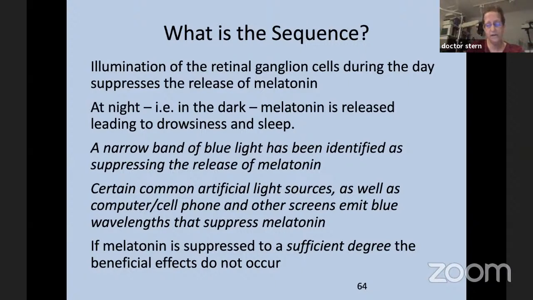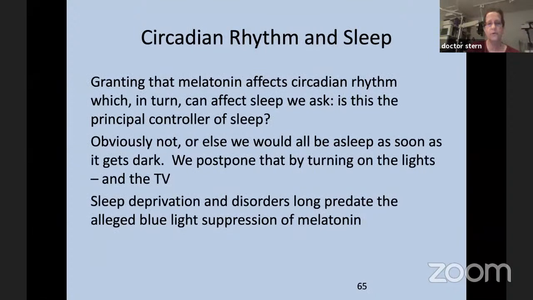And there have been a number of articles lately, and I think we'll see more about the importance of sleep to a lot of disease processes. So is melatonin the principal controller of sleep? They're saying no, because otherwise we'd be asleep as soon as it gets dark.